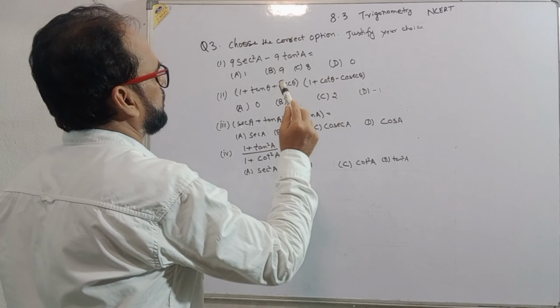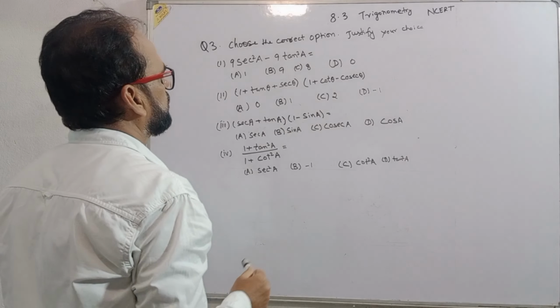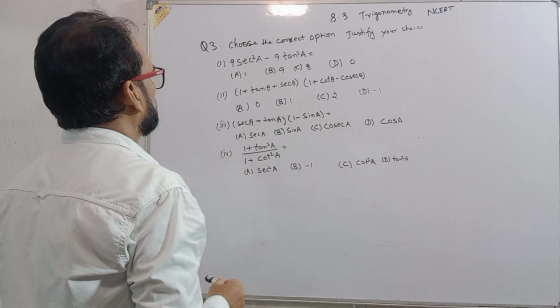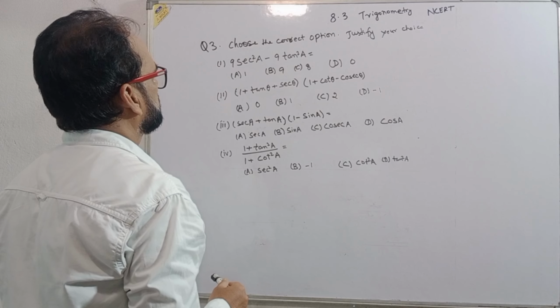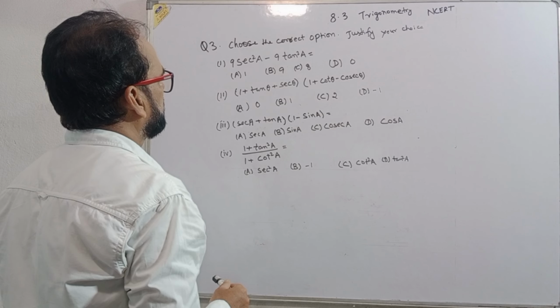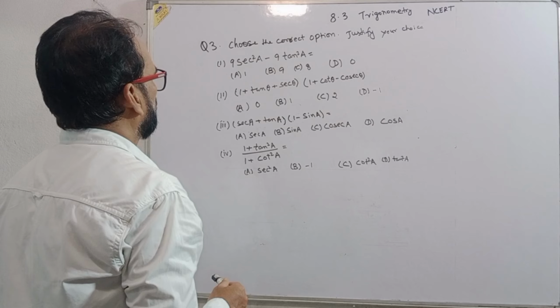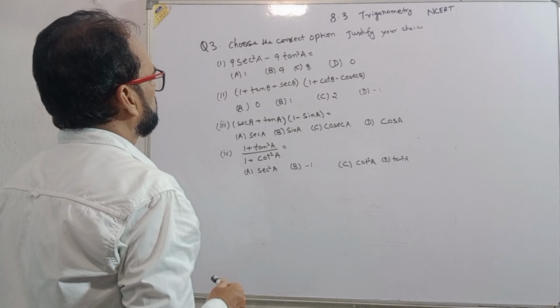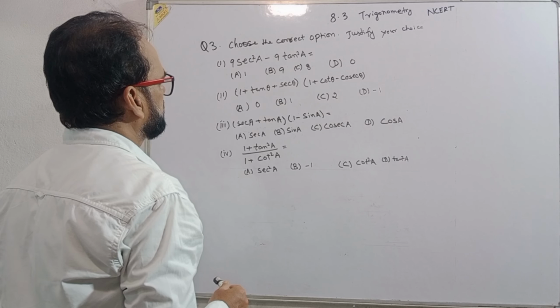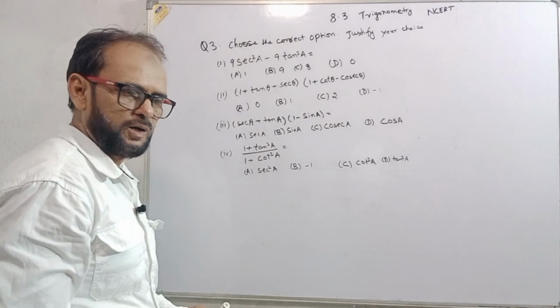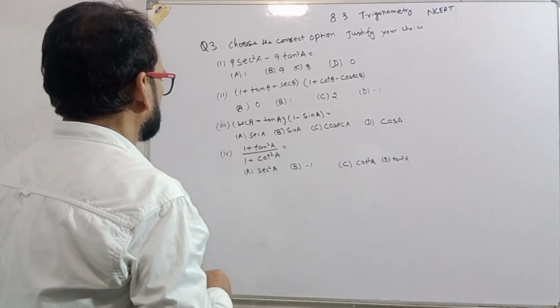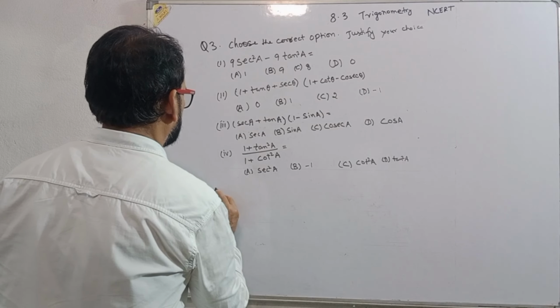Question 3. Choose the correct option. Justify your choice. First, 9 sec square A minus 9 tan square A. Option A 1, B 9, C 8, D 0. Now answer this question.